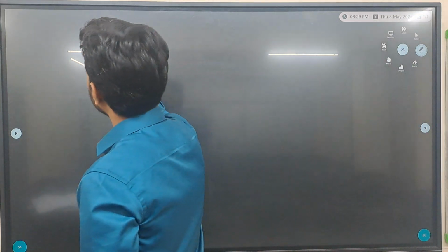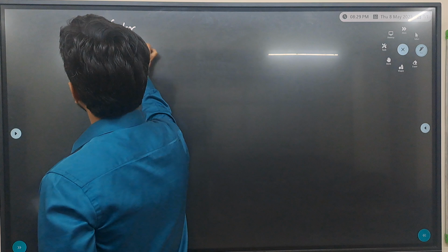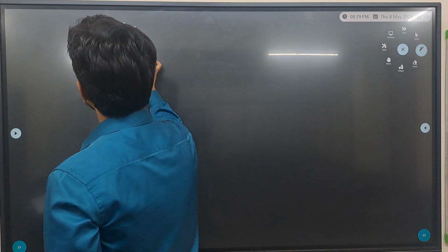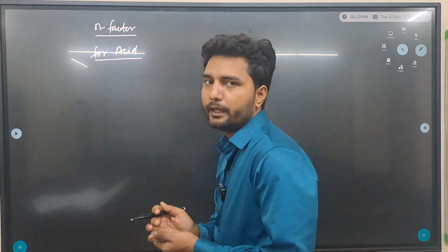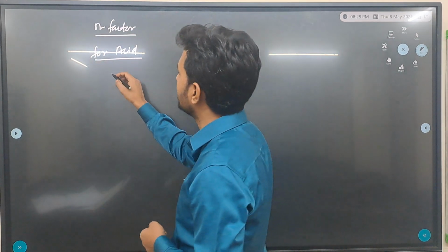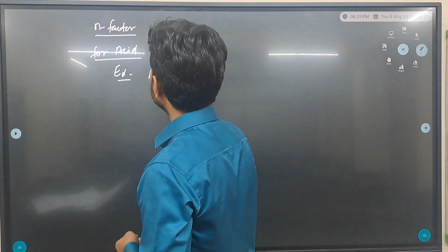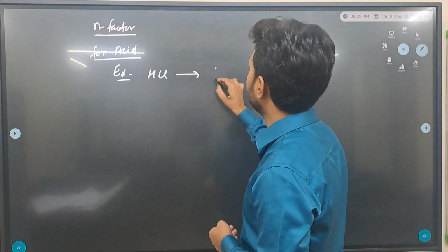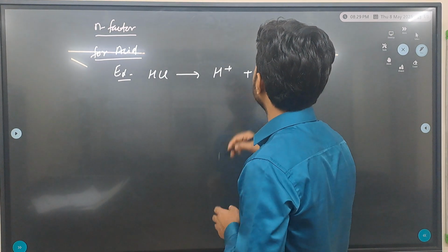For example, we take HCl. If we dissociate HCl, it gives H positive and Cl negative.